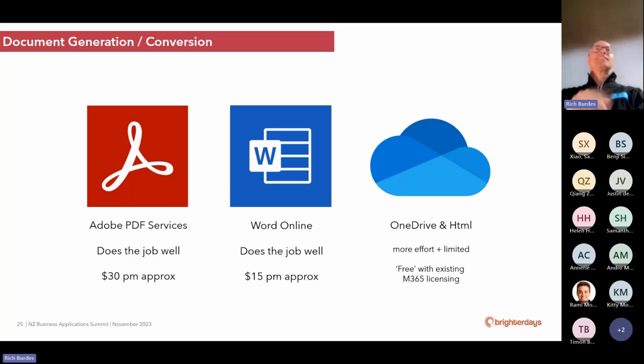There's a question. So my personal question: is that just for the license, or is that to use the software as well? Which piece? So that $15 per month for Word Online. Yeah. Is that the Power Automate Premium connector? It's the Power Automate Premium connector to cover that, because Word Online is covered within your Microsoft stack of licensing anyway, right?